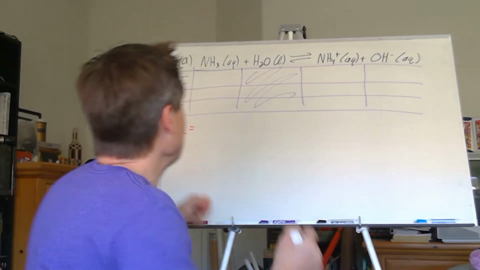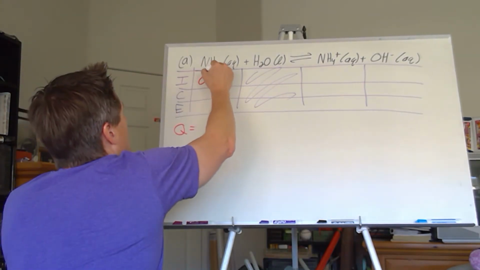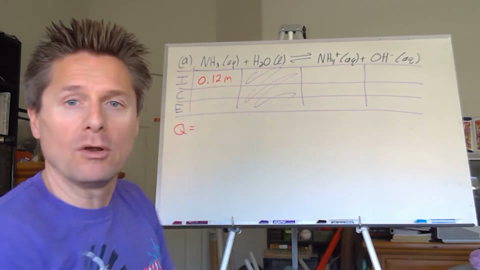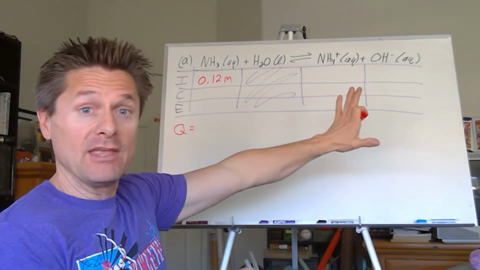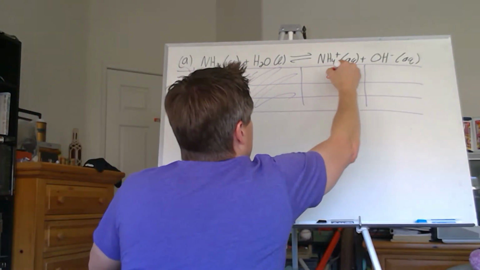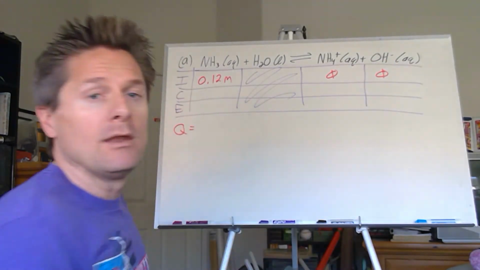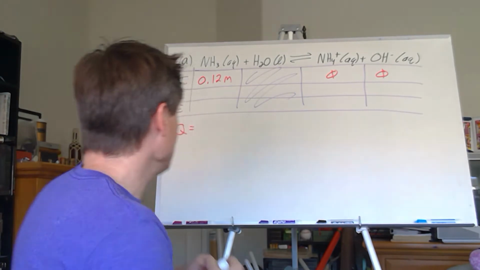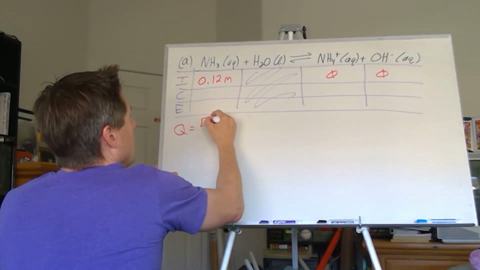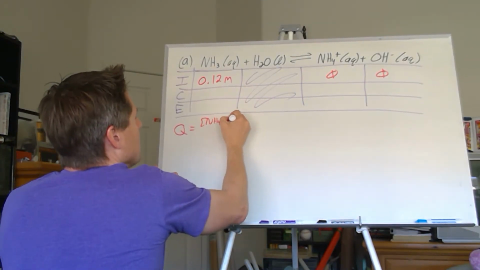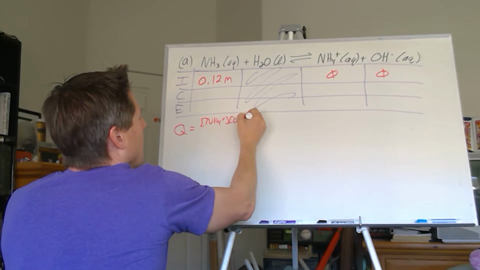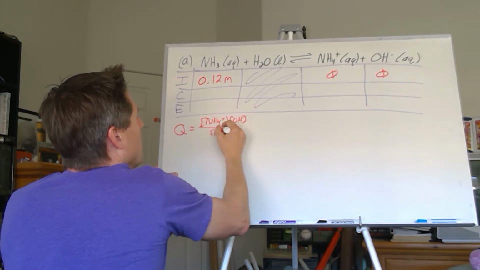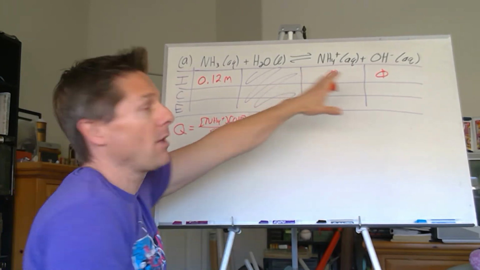So we had a starting amount of 0.12 molar of ammonia. Nothing on these, so we're assuming 0. Now we got to figure out which way this baby's shifting because we need to know if they're negative or positive. So Q, again, will be the ammonium ion initially times the hydroxide ion initially over the ammonia initially, products over reactants.